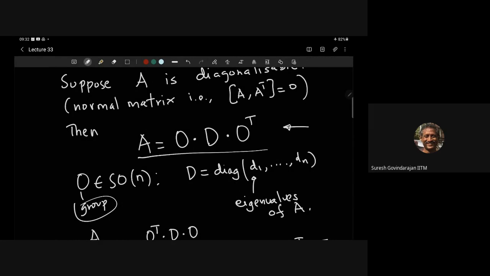Any matrix can be written with some orthogonal matrix. There's a particular decomposition for a normal matrix: A equals O D O transpose. That's what I claim. This you know actually. You can go back and check this. Have I answered your question?